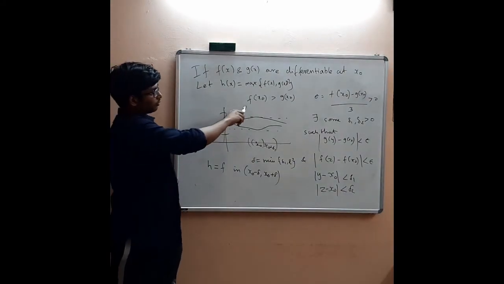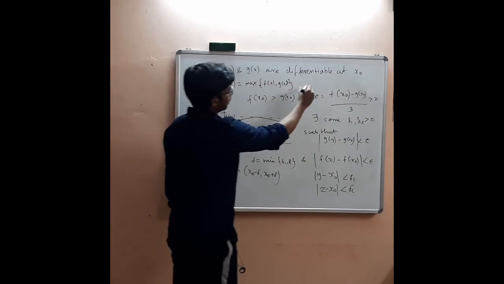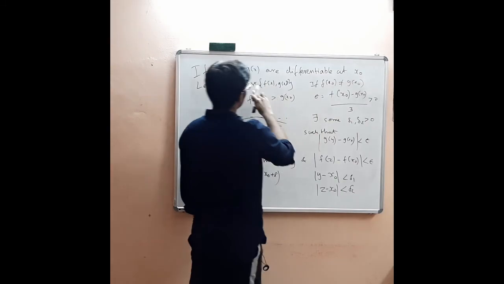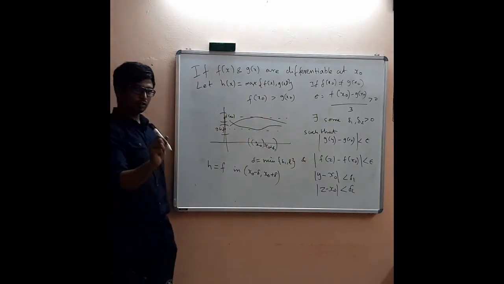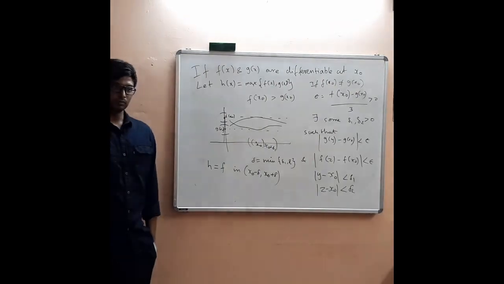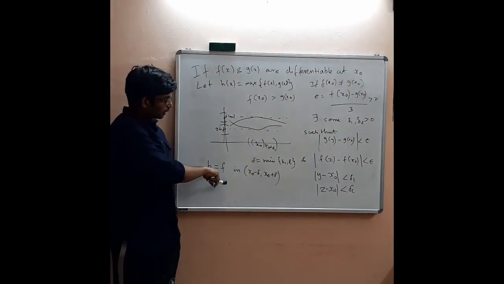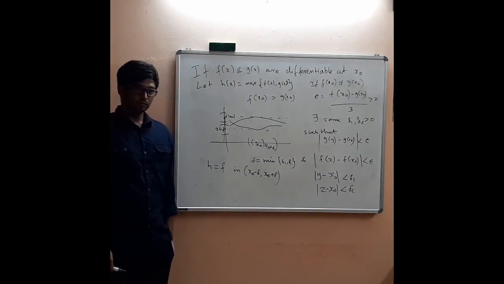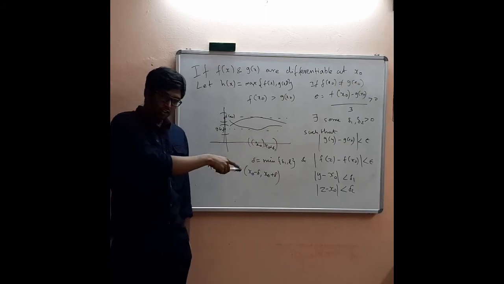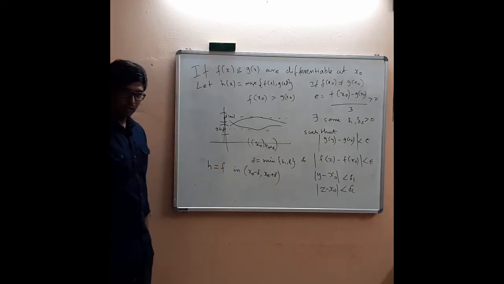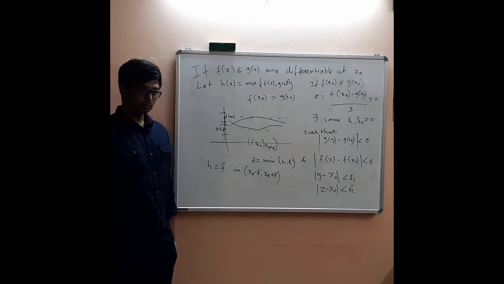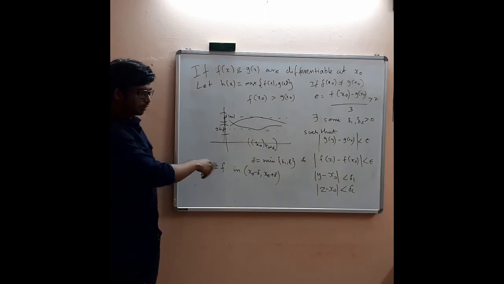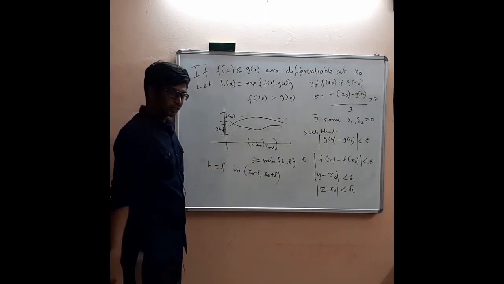No matter what, if f of x naught is not equal to g of x naught, and you define h like this, you can always be sure that h is differentiable at x naught, because at some particular interval around x naught, h is going to take only one function. It is not going to depend on two functions. Hence you can be sure that h is differentiable at x naught, because both the left limit and the right limit will exist in that case.